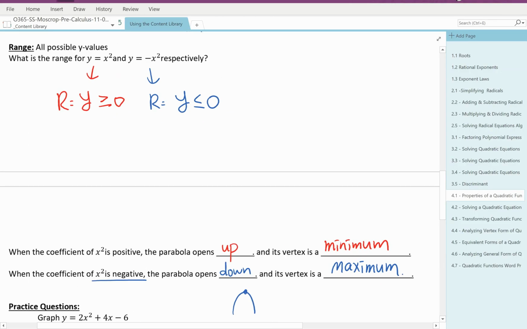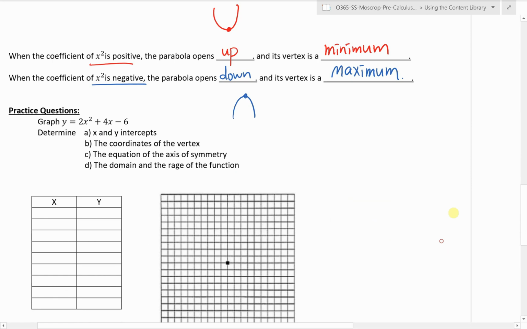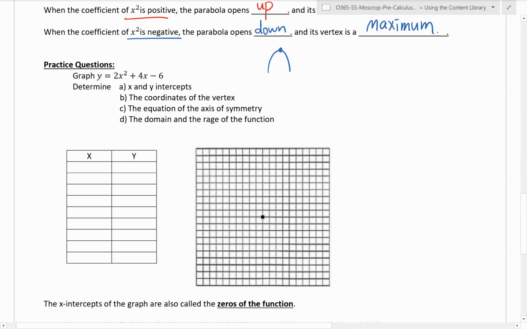You can see if the coefficient of x squared is positive, the graph looks like this. It's a parabola opening up, right? Therefore, we have a minimum right there. Okay, that's our vertex.